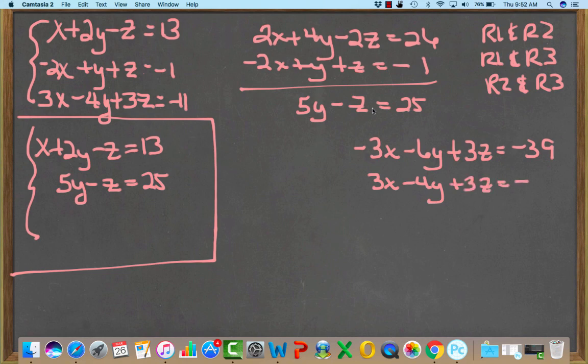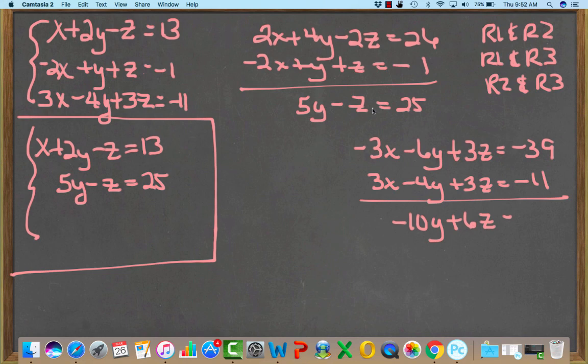Now the x's cancel, we get negative 10y plus 6z equals 50. But that's not my final equation or system yet, because we need to get this last equation to be just about z.